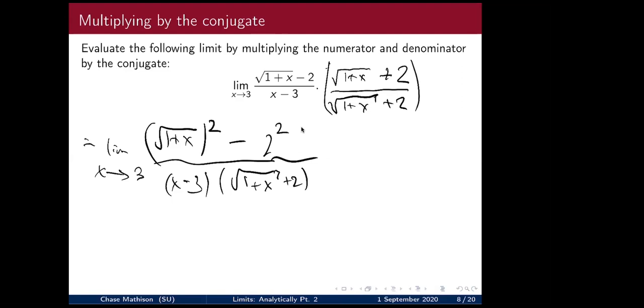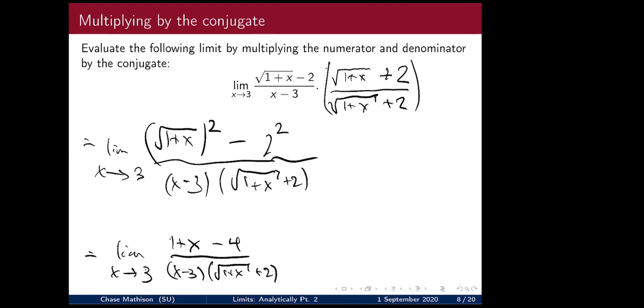Okay, so the top then, when you simplify, I'll actually come down a line, hold on. The top, when you simplify, becomes, so this is the limit as x approaches 3, this square root of 1 plus x squared, that's 1 plus x, and then minus 4, over x minus 3 times the square root of 1 plus x plus 2. Okay.